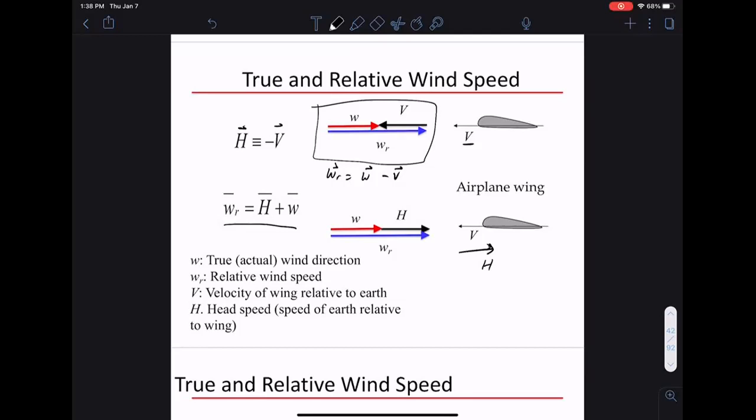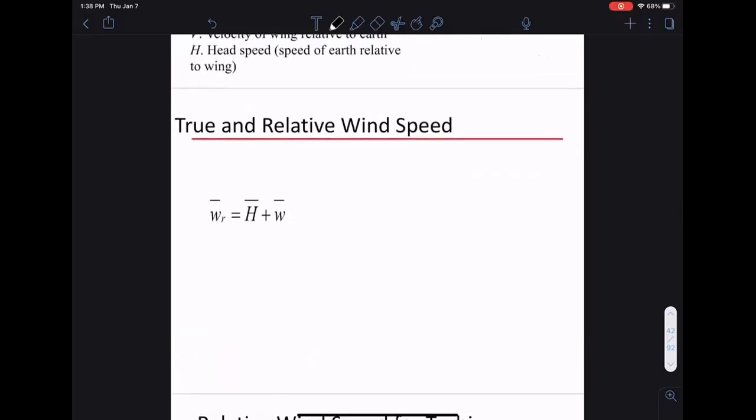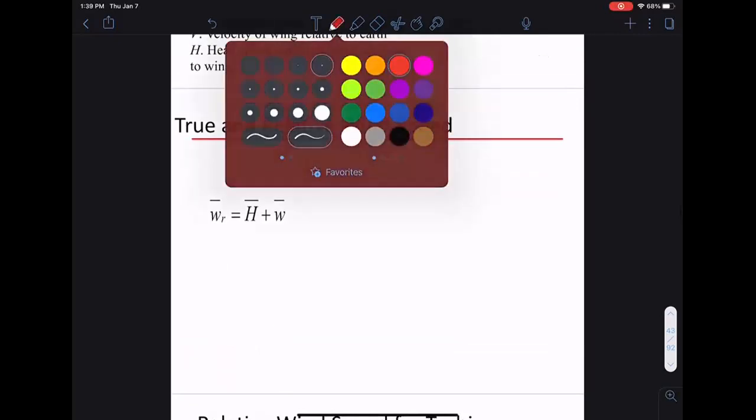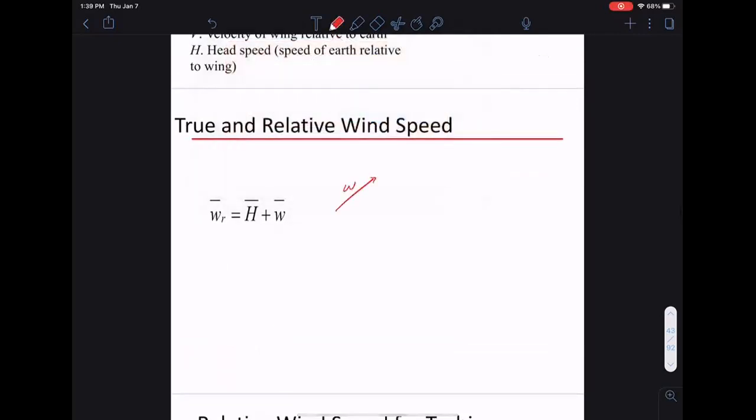Okay. With this convention, let's look at more detailed calculations. If they're not exactly aligned with each other, then we need to do vector addition. So for example, let's say this is the true wind speed.